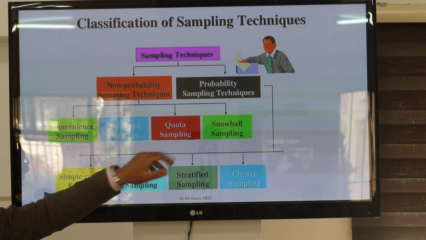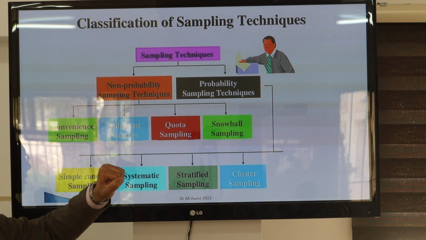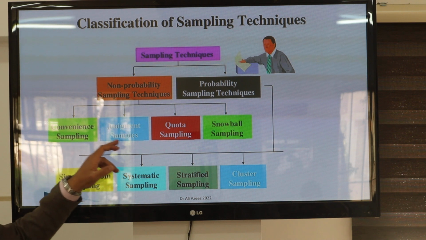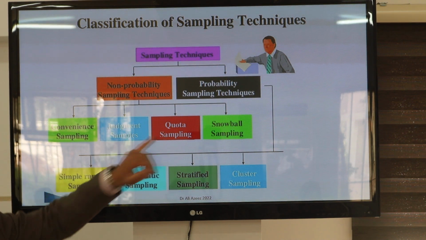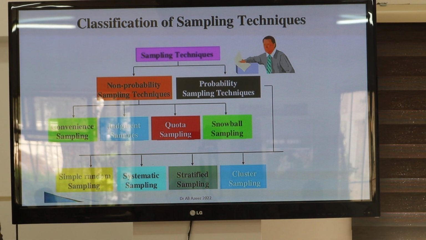Purposive, sometimes we use snowballing or convenience, but in general, purposive is the most common one. What do you mean by quota sampling? Quota, we have to have some few from the genders, balance in the age, balance in the gender, balance in the education, balance in the geographical area.